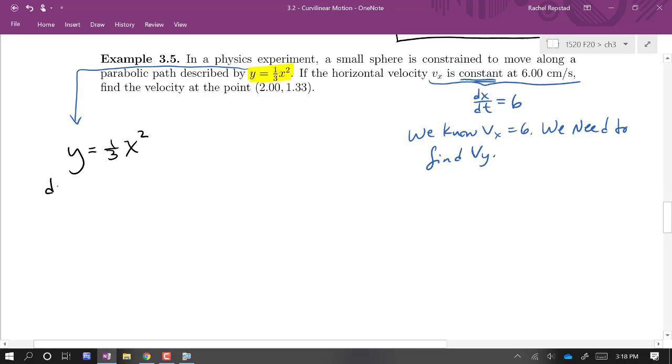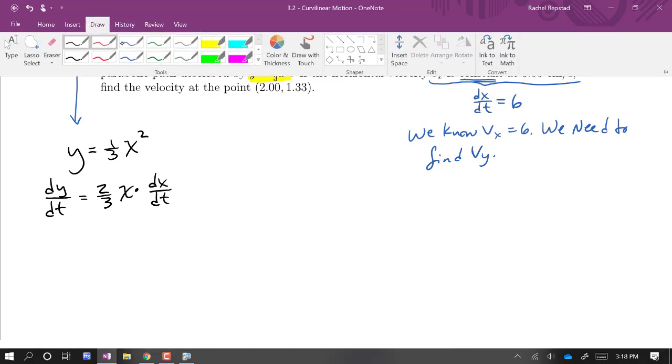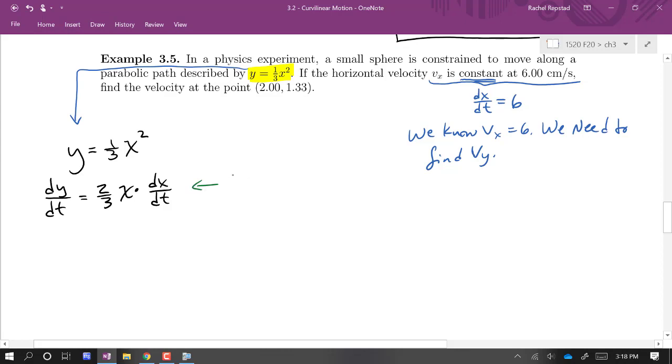So dy/dt is equal to, using the power rule as usual, 2/3 x times dx/dt. That's incredibly important here. We are differentiating implicitly with respect to t.